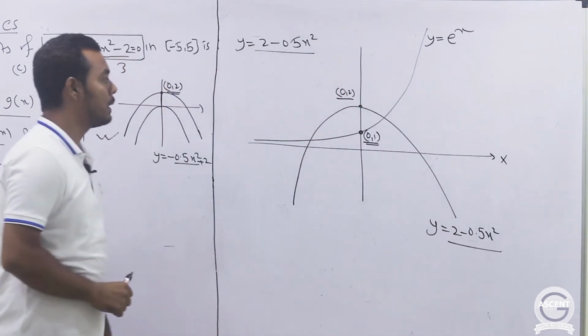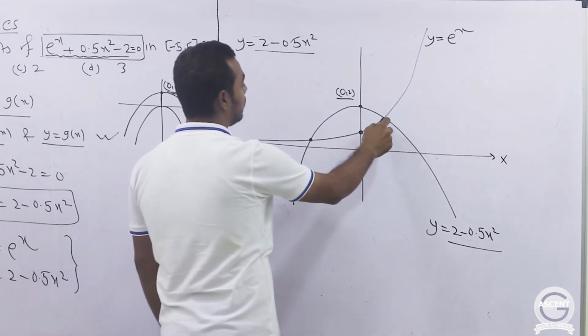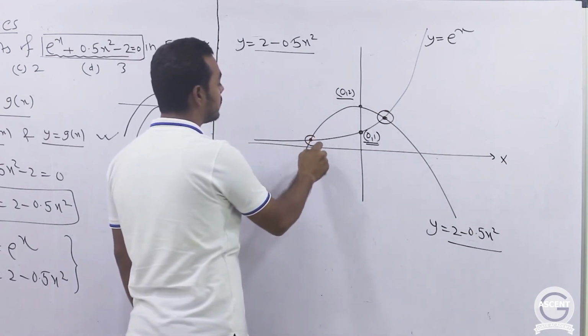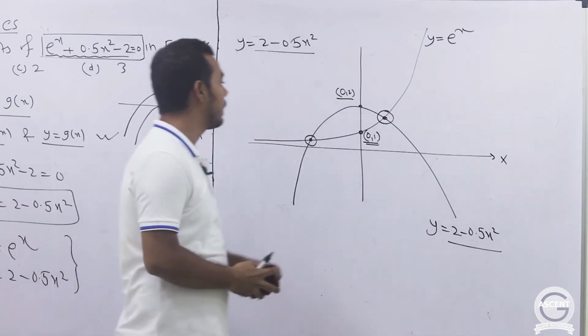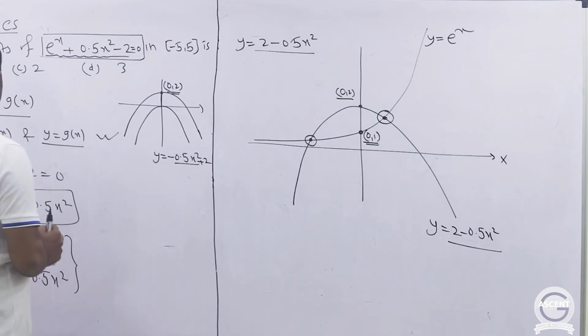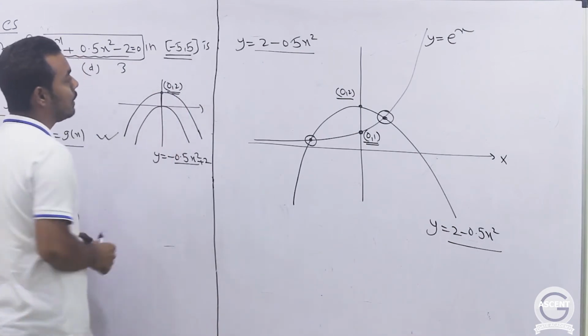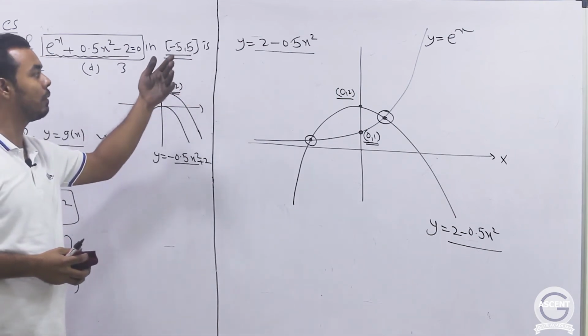Now as you can see, there are 2 points of intersection between these two curves, e to the power x and y equals 2 minus 0.5 x square. But this question becomes a very good problem, because we have to find the solutions only in a given interval. If a solution is outside the interval, we don't have to count it.